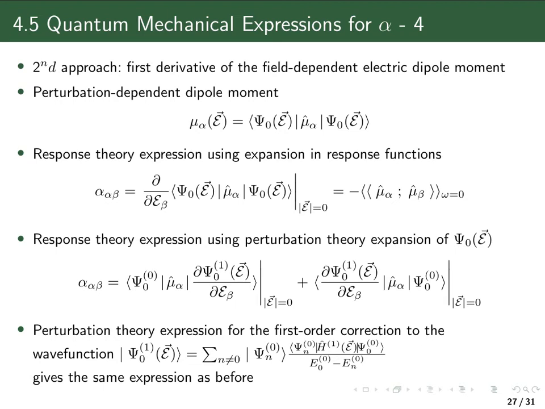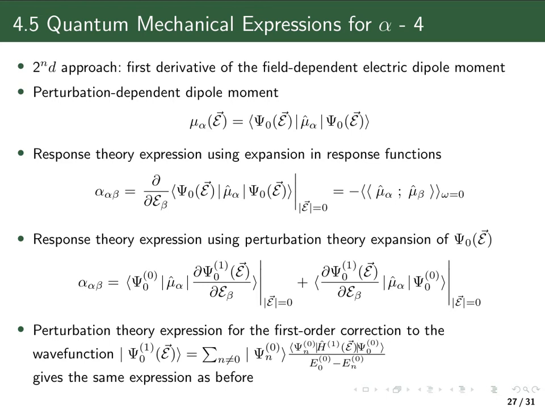There we expanded these field-dependent expectation values of an operator, and we concentrated on the dipole moment operator, in a series where the first term, of course, would be the permanent dipole moment, and then we would get corrections to that, and those corrections contained the response functions. The term linear in the field would include the linear response function, and the term quadratic in the field would include the quadratic response function.